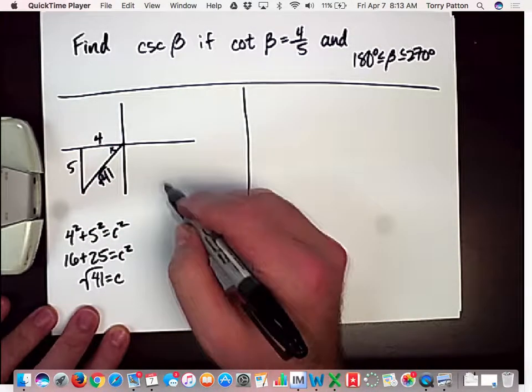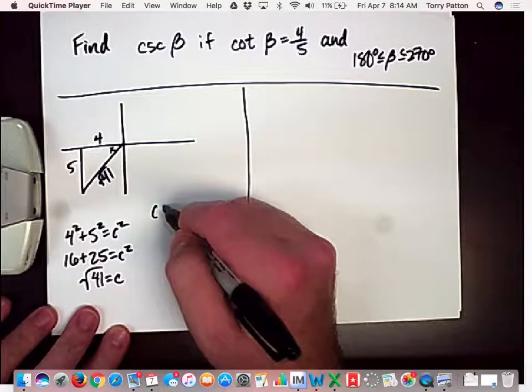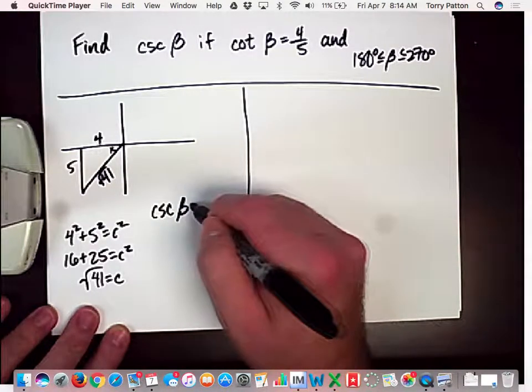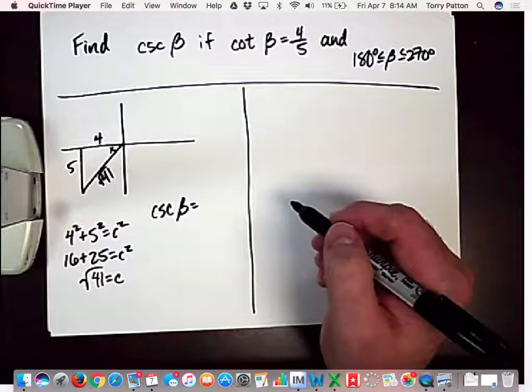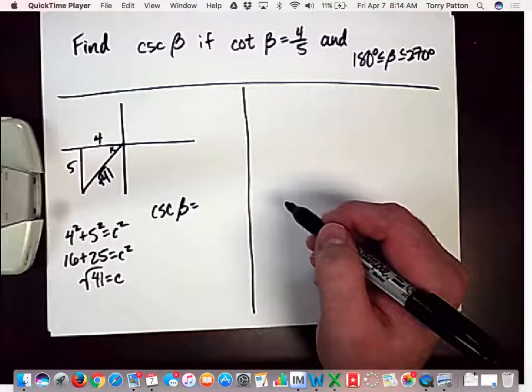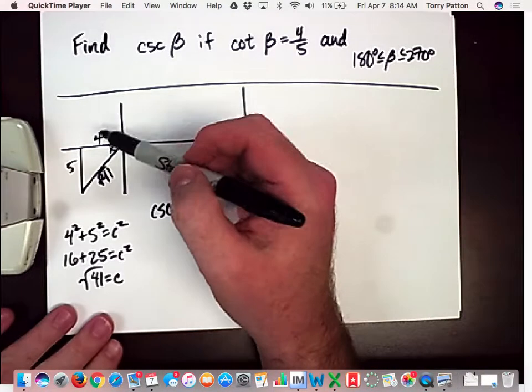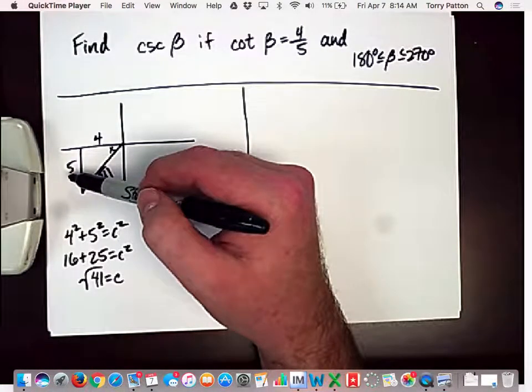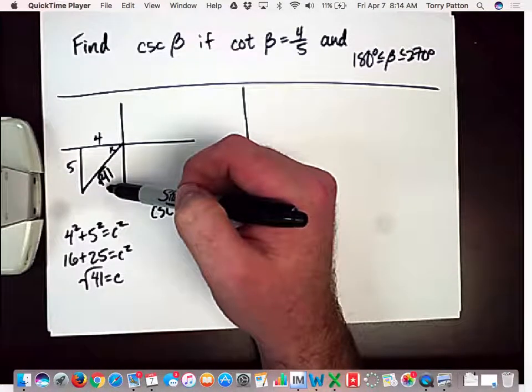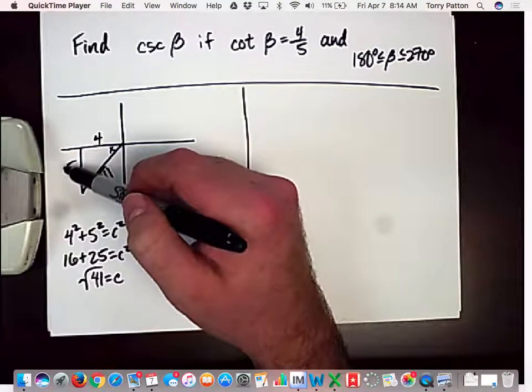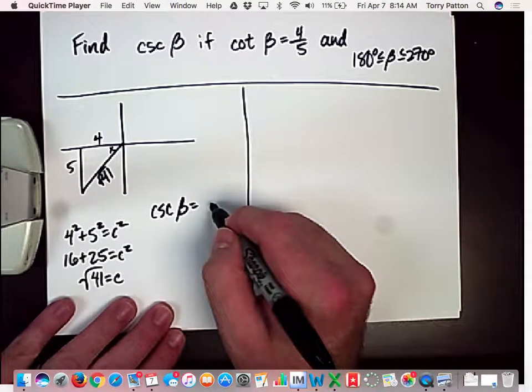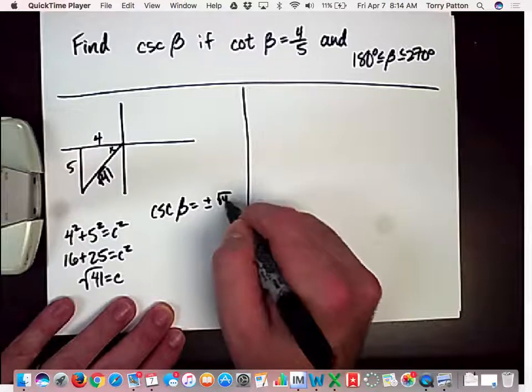So then cosecant of beta is the reciprocal of sine, right? Sine is opposite over hypotenuse, so cosecant would be hypotenuse over opposite. So this would be plus or minus the square root of 41 over 5.